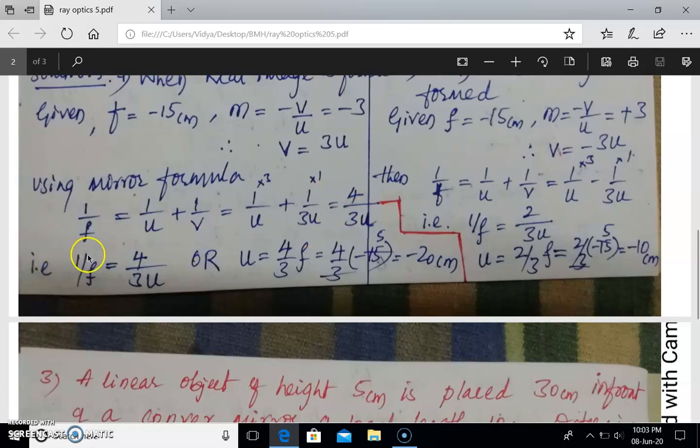That is 1 by F equals 4 by 3U, or we need to calculate here the position of the object that is to be placed in front of the mirror, so that the magnification is 3 times. That's why U equals 4 by 3 times F, 4 by 3 into, substituting for focal length as minus 15, the object distance amounts to be minus 20 centimeter.